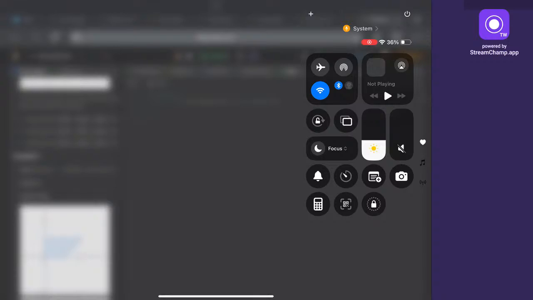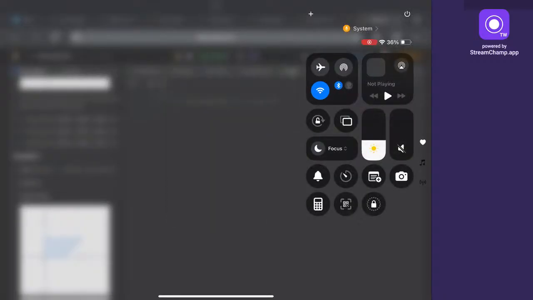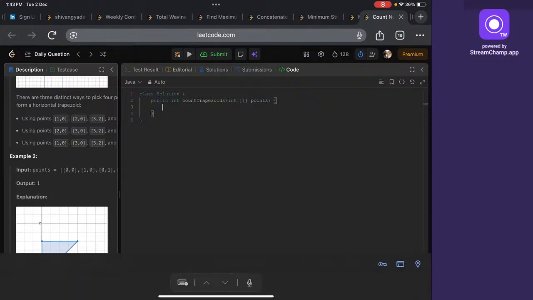I keep forgetting where is the 2. I got 2, but where is fn? Okay, here. It is connected. Okay, now it's working.